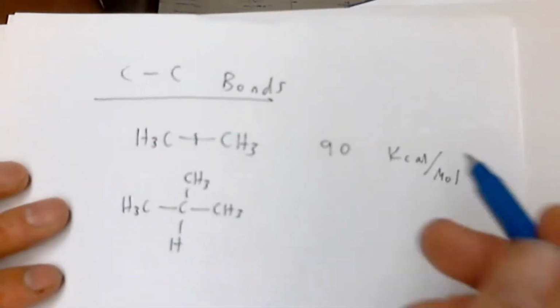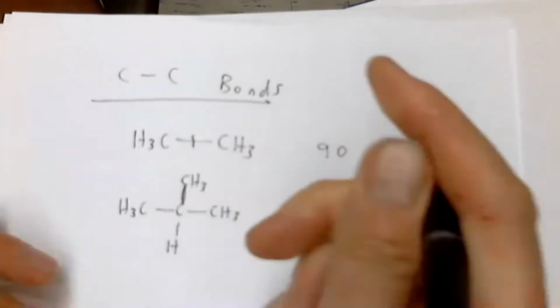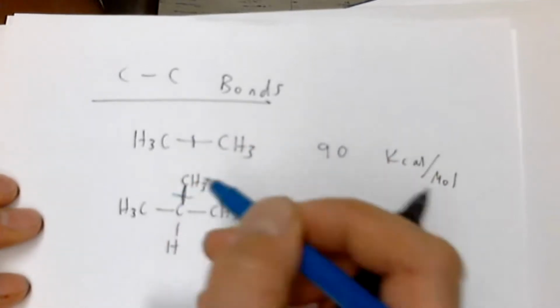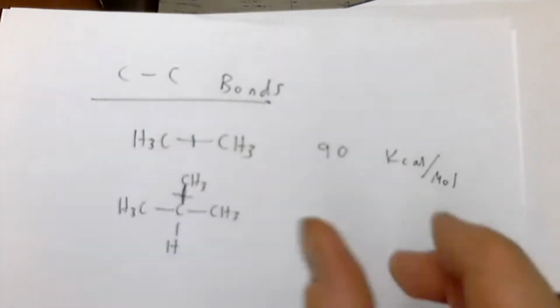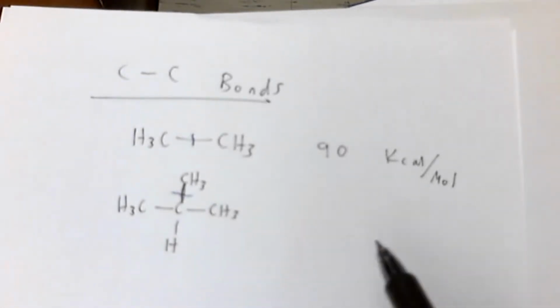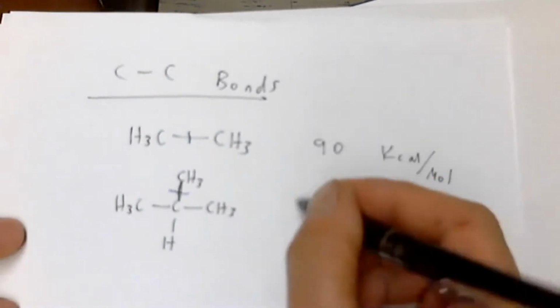Now, if I cleave this bond up here, so that's a little squiggly also, if I cleave that bond, it's going to be 88.